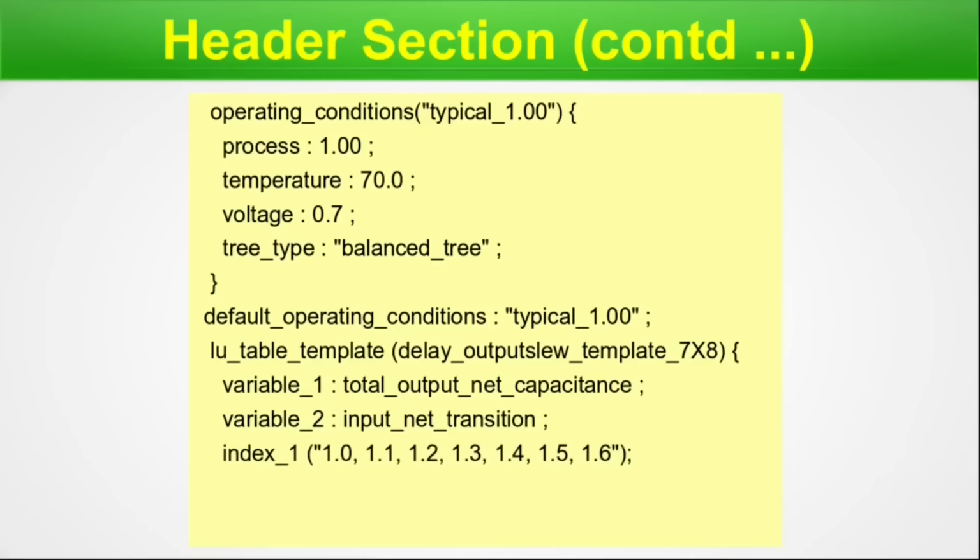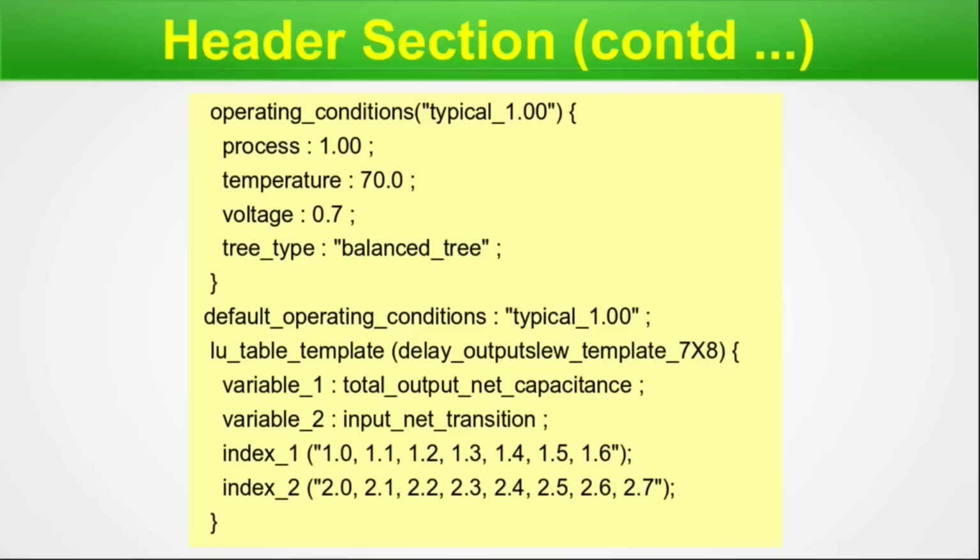Then comes the variation of variable 1, that is index 1, meaning the total output net capacitance. These will be the values on which we have done the variation. Index 2 has a set of variation values here, and we close the LU table template. In upcoming sections, this particular LU table template will not be mentioned. Only the explicit table will be there.